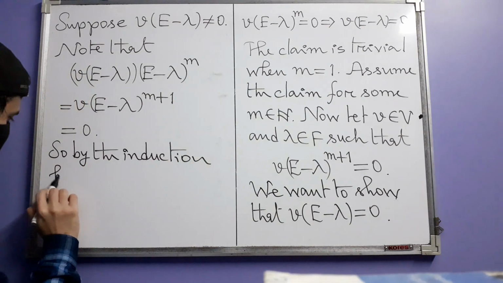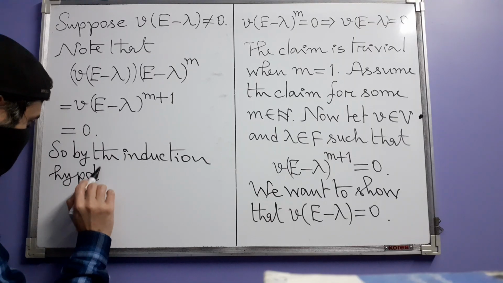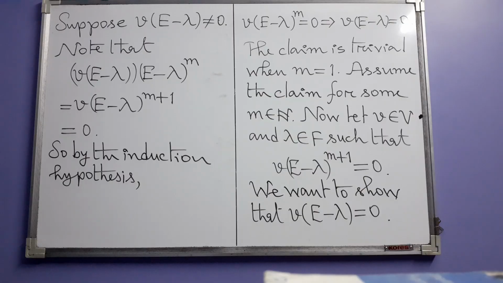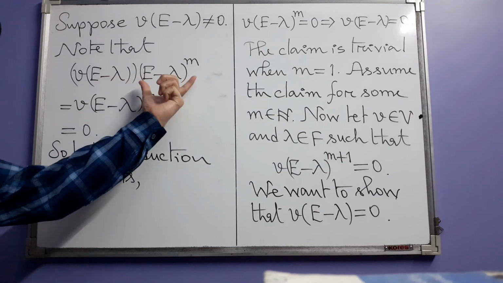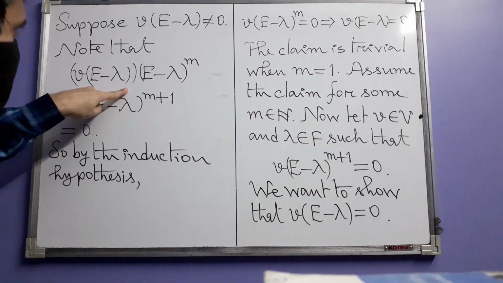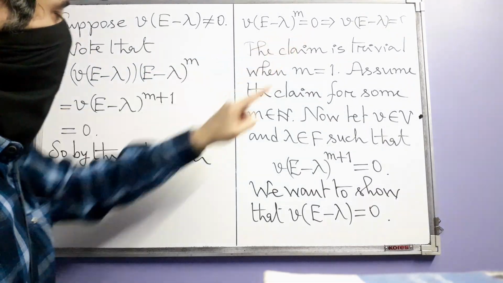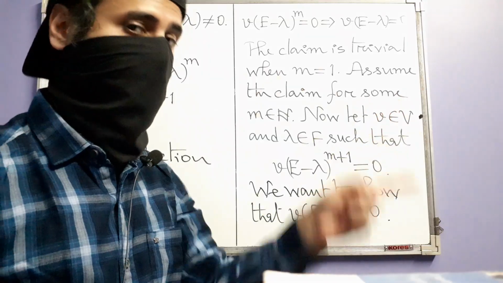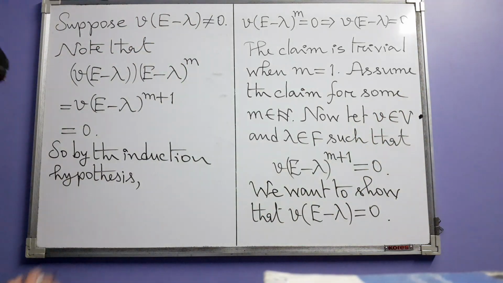Applying this nth power of E minus lambda on this vector, we have got 0. So on that vector, if we apply E minus lambda, then also we should get 0.